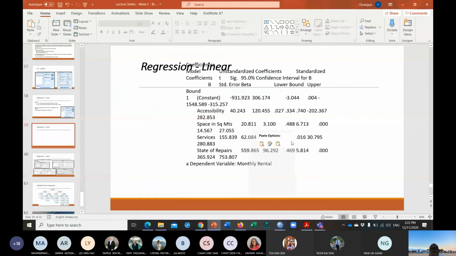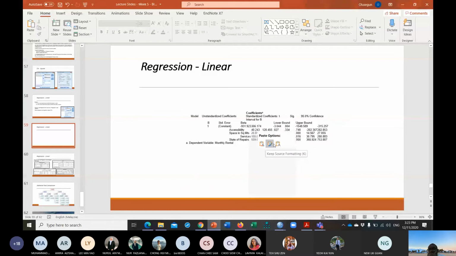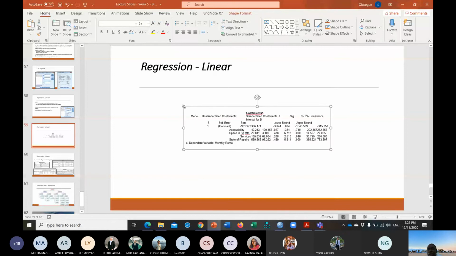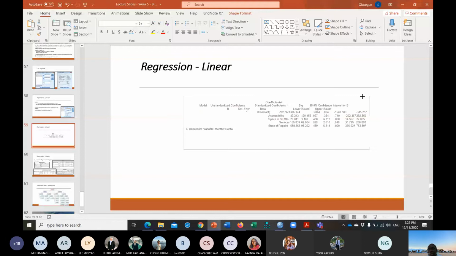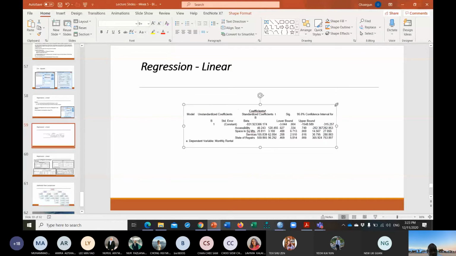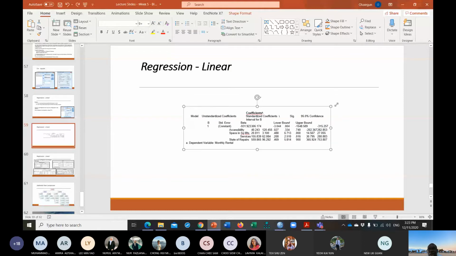Does this look like a table? Okay, there's a way of copying this thing.